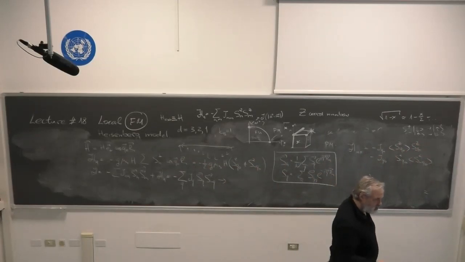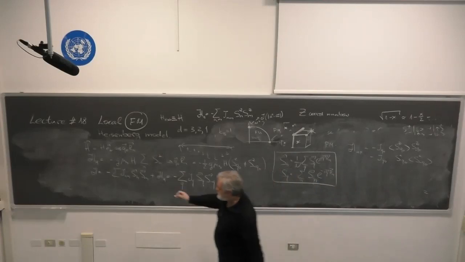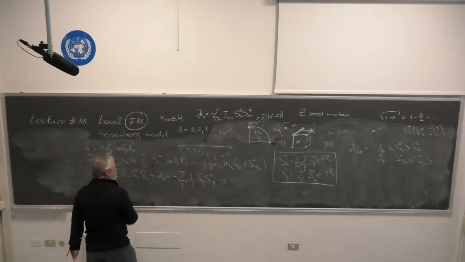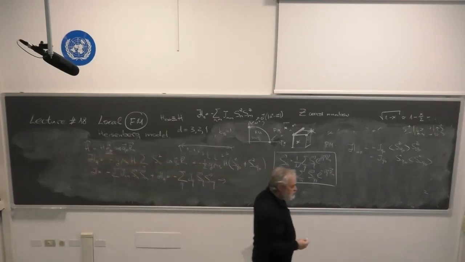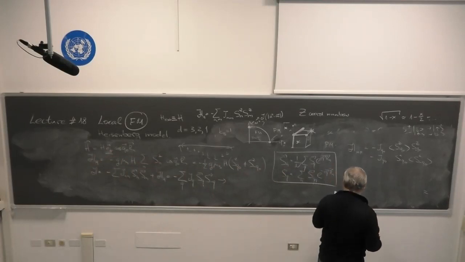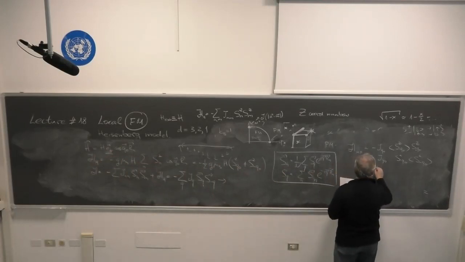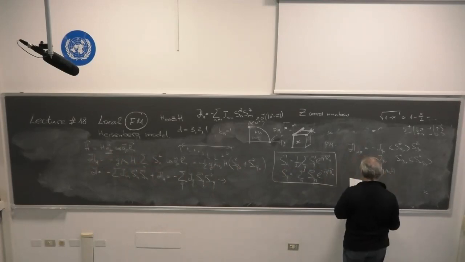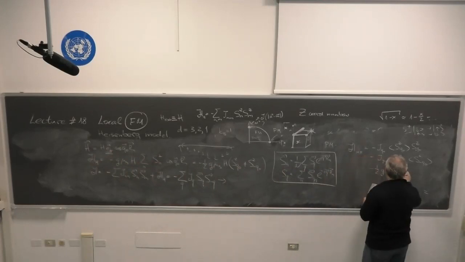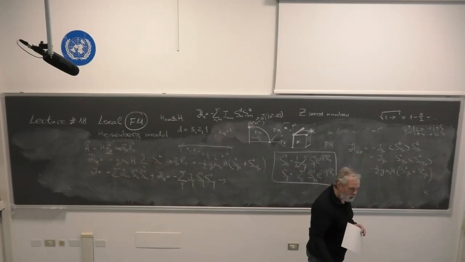Again, I use the fact that only magnetization along Z exists, which is where the magnetic field is directed, and it is not equal to 0. And then I have minus 1/2 g mu_B H times S^z_Q node plus S^z minus Q node. This is the mean field Hamiltonian.